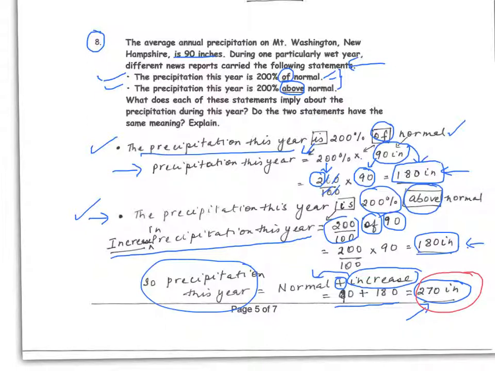So another way of looking at it is, if the precipitation this year is 200% above normal, then the precipitation this year is 200% plus 100% of what is considered normal.